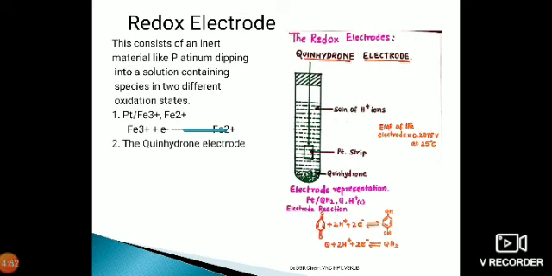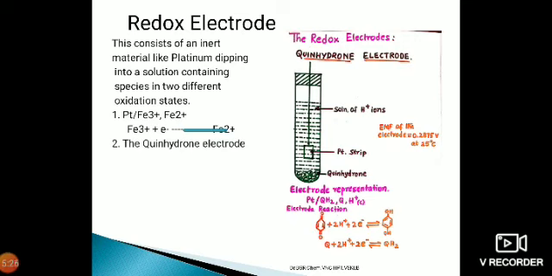You can see that in the glass tube we have quinhydrone powder and a platinum strip, and it is filled with a solution of H+ ions of known concentration. The platinum wire is for making electrical contact. You can represent the quinhydrone electrode as Pt | QH2, Q. That is, quinhydrone gives equimolar proportions of hydroquinone and quinone, and it is placed in a solution of H+ ions.